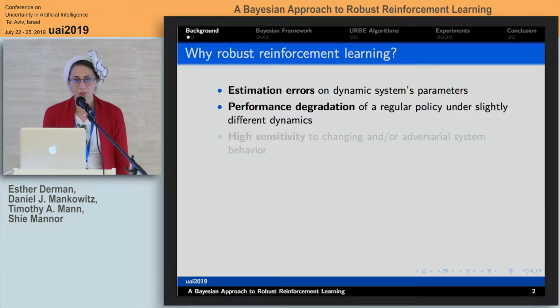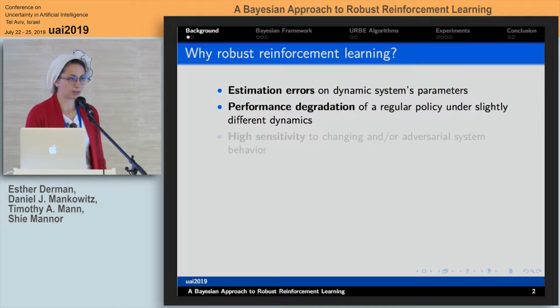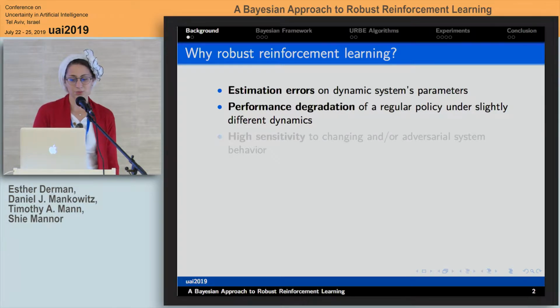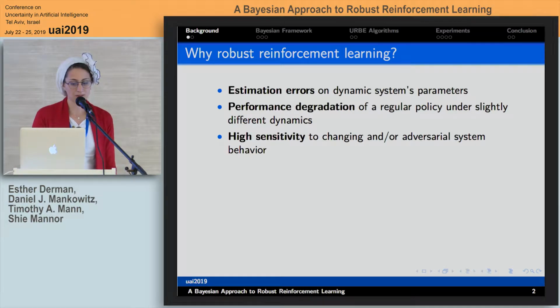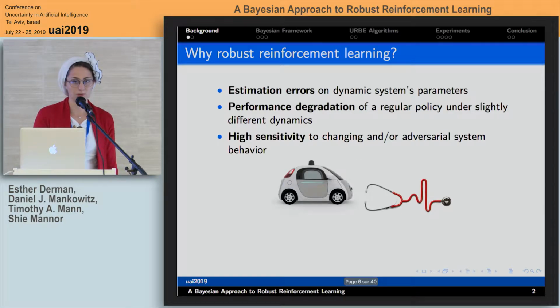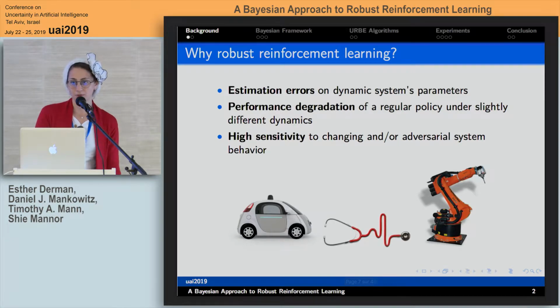And also, when doing regular reinforcement learning, a regular policy can be highly sensitive to changing or adversarial system behavior. And this sensitivity is highly unacceptable in certain domain applications such as autonomous driving or medicine or manufacturing. So for example, you don't want your policy to be sensitive to slightly different weather or traffic conditions.